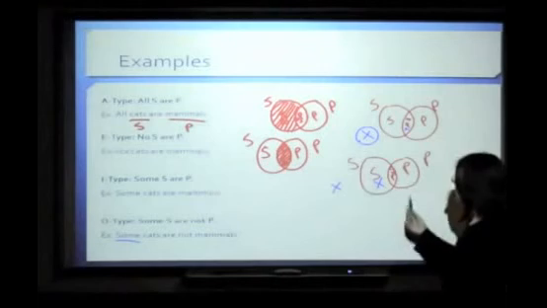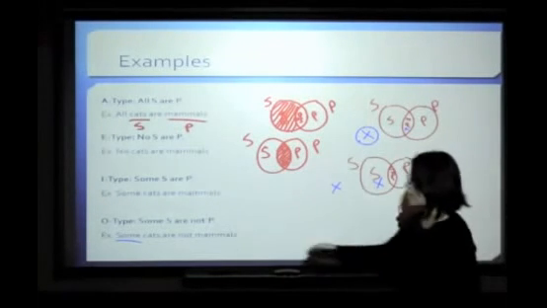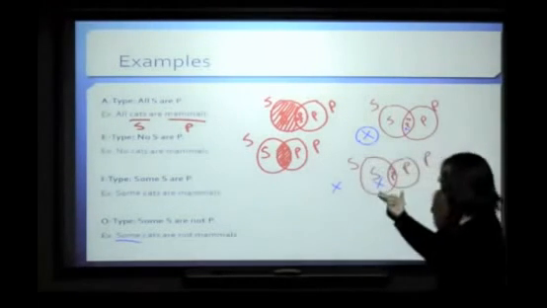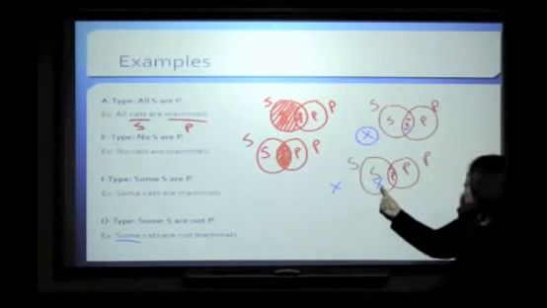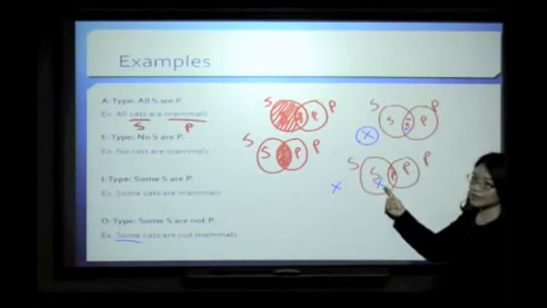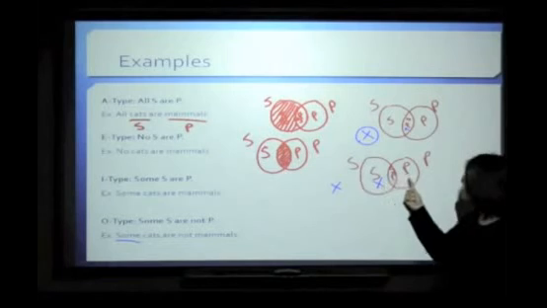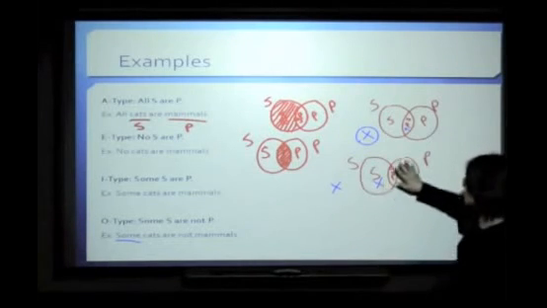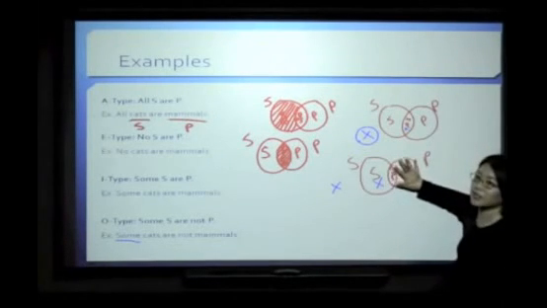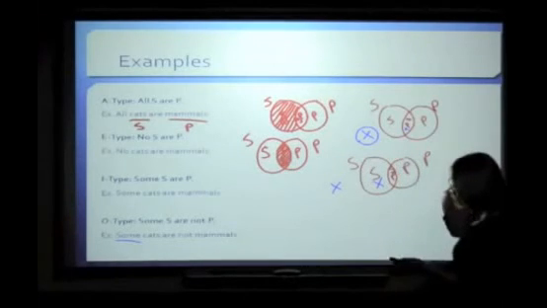Okay? So we have our Venn diagram of our O-type statement, which represents the information that there's at least one thing that exists, that's an S, a cat, that is not a mammal, that is outside the entire circle of things that are P's.